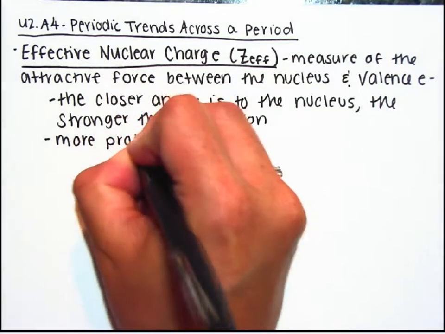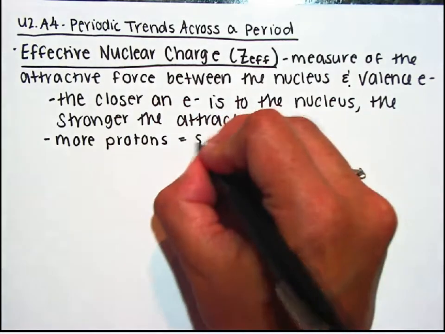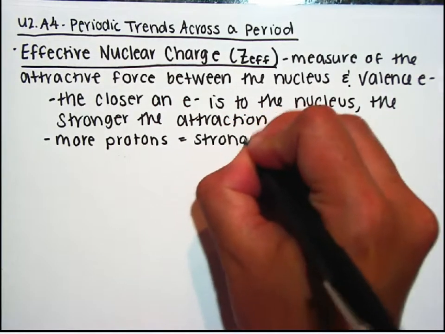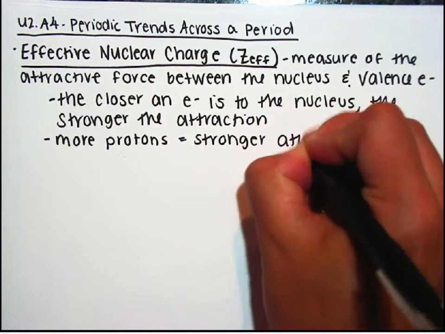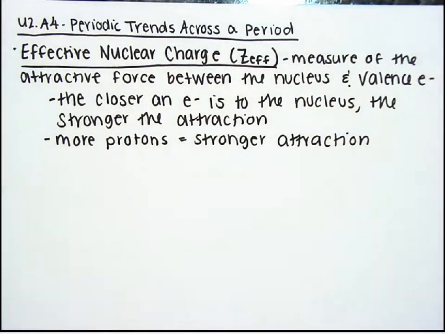Also, more protons leads to a stronger attraction. The more positively charged protons you have attracting those valence electrons, the stronger that attraction will be.